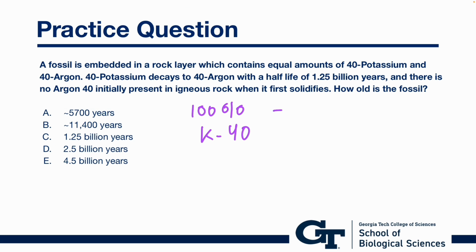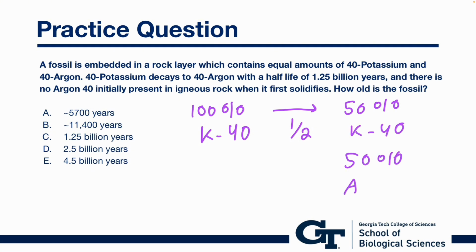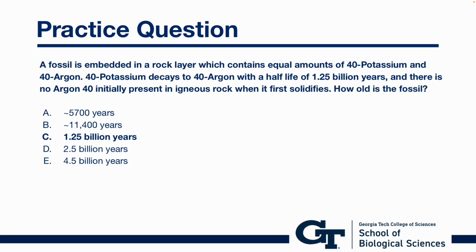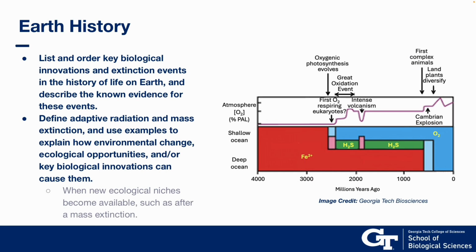So literally one half-life, and we're going to have 50% potassium-40 and 50% argon-40. Okay? And so after 1.25 billion years, one half-life is when we'll have a 50-50 mix. Yep. And that's all we'll have to do.